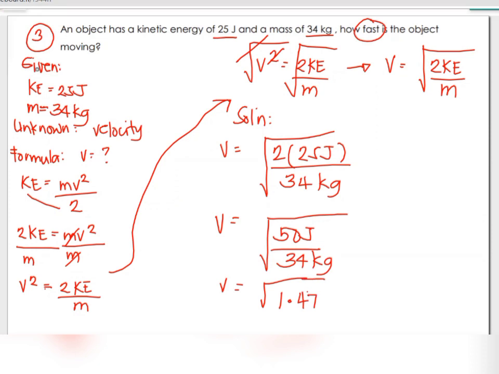So, ang gagawin nyo class is hanapin nyo yung square root sign dun sa calculator ninyo. Depende yan sa calculator, ha? Tapos, i-input nyo. Square root of 1.47 and you will get the value 1.21. And since this is velocity, alam mo na dapat yung unit. Pag velocity, it's meters per second. And that's it. You are done with another problem involving kinetic energy.